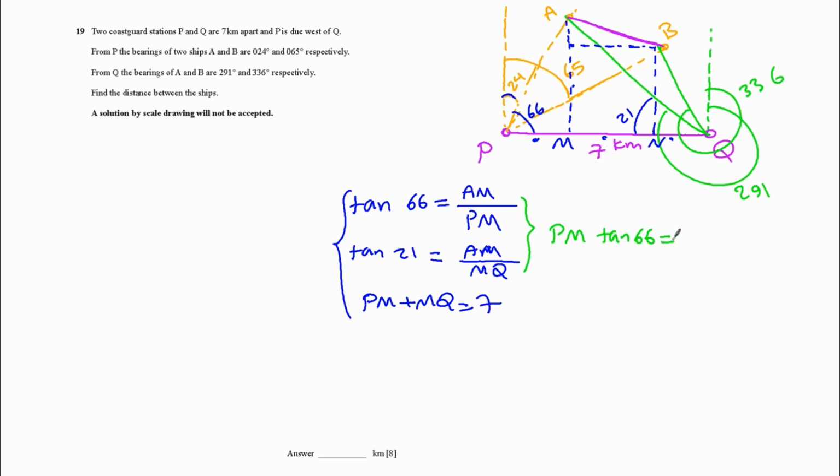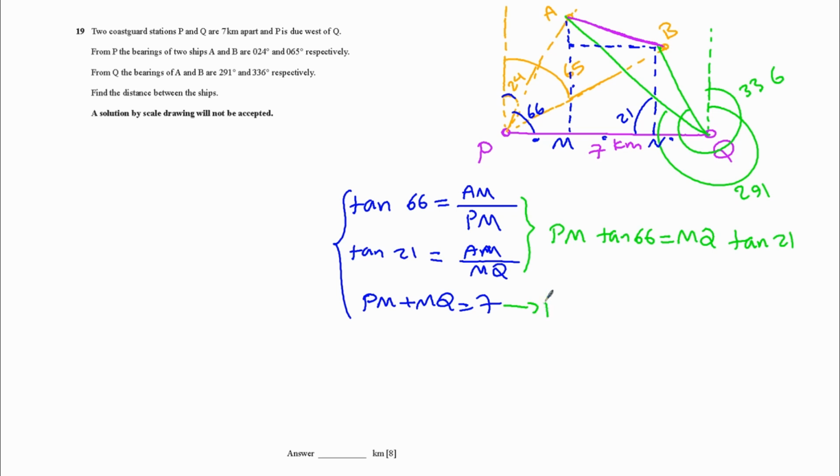I can now replace PM from here: PM equals 7 minus MQ. So I can replace this PM into the top equation.